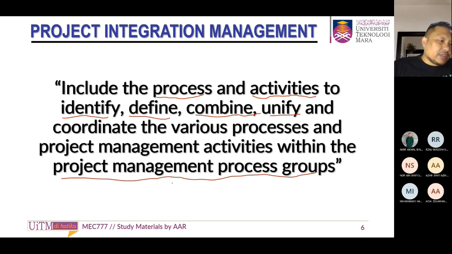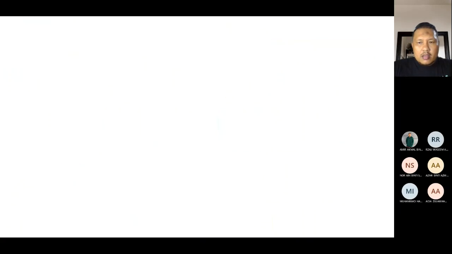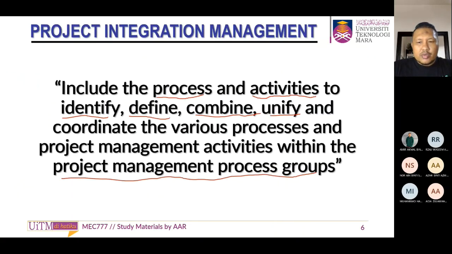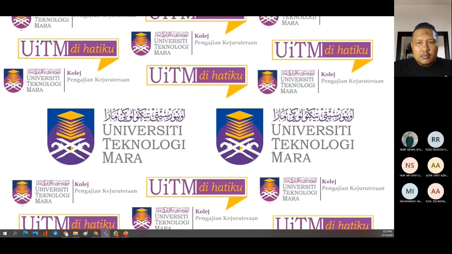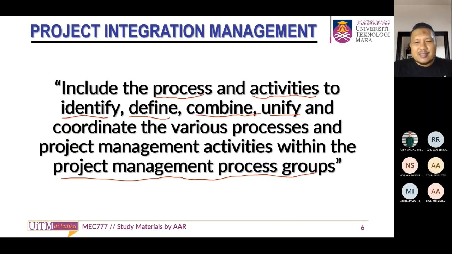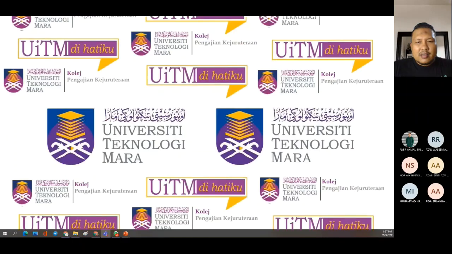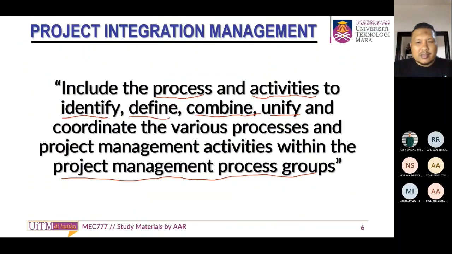So we have a project management process group. What is a project management process group? Who can answer this? You answered this in quiz one. What is a process? I saw that everybody could answer correctly.